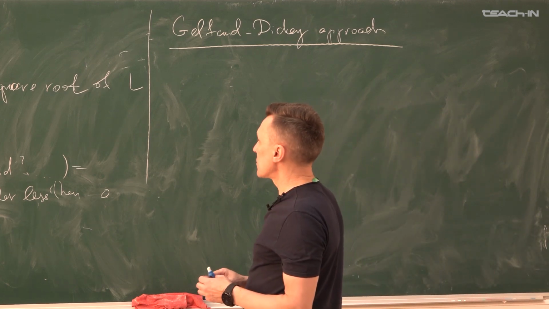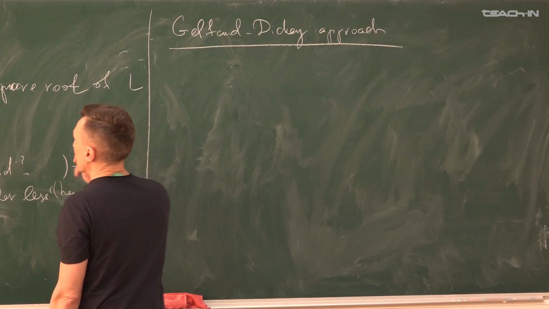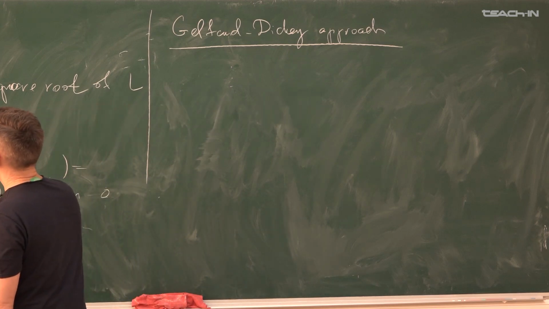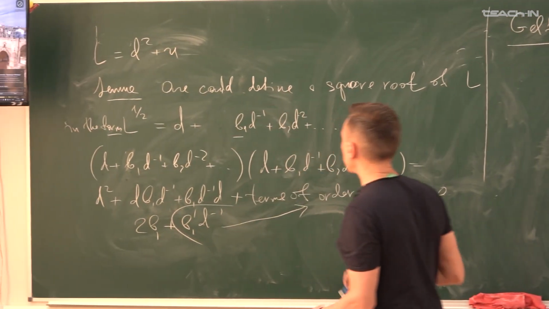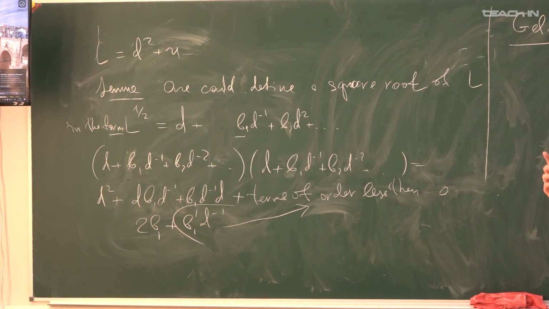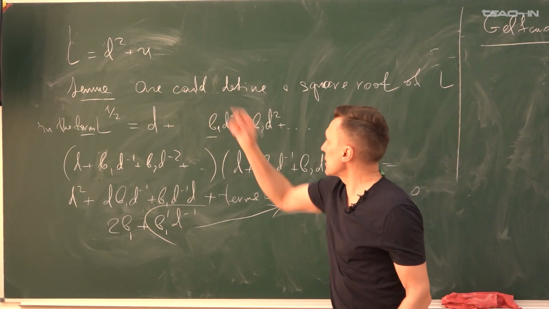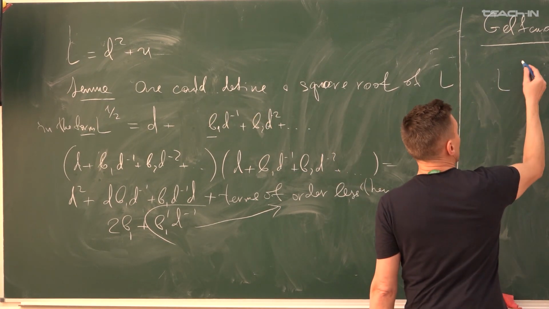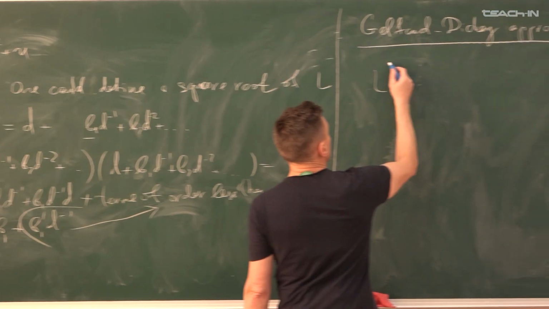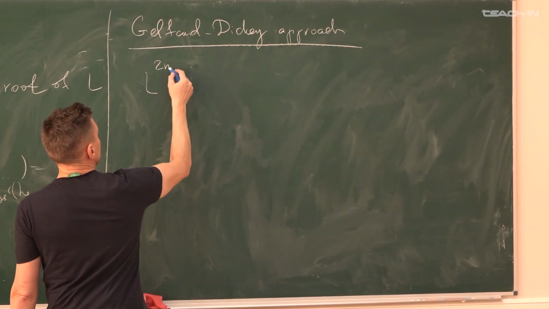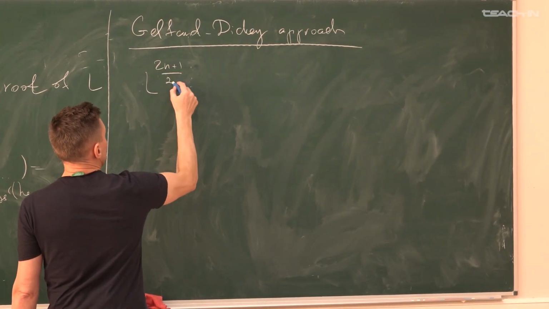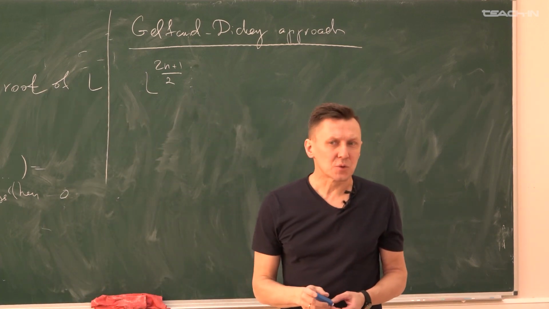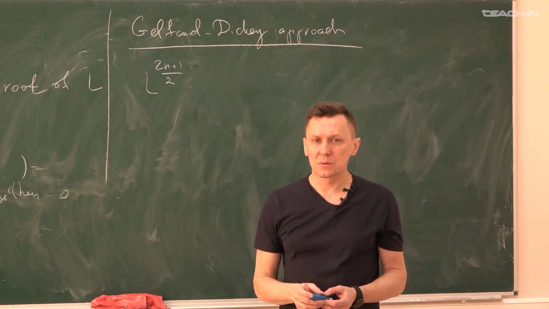The principal statement will be the following: if we consider this technique to find just one branch of the square root of the differential operator of this type, we can define all operators of such type, pseudo-differential operators.